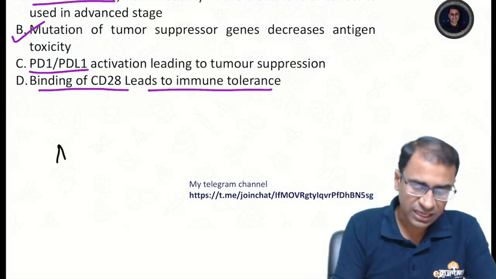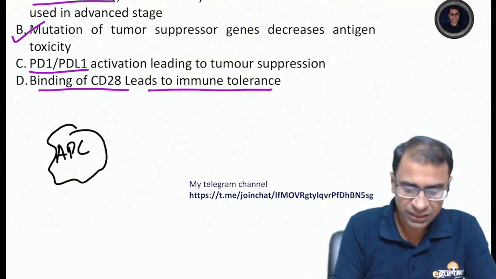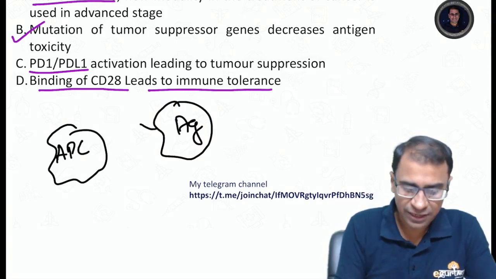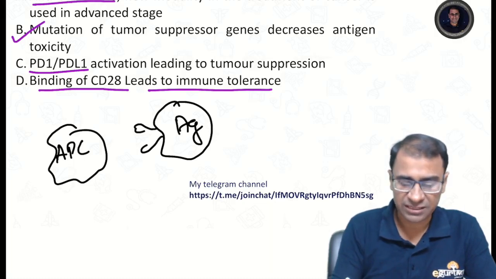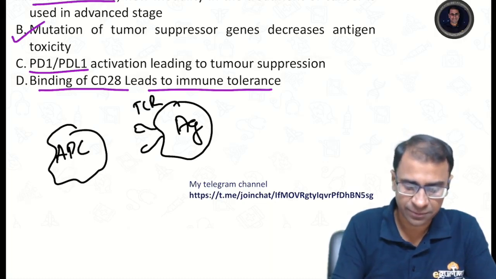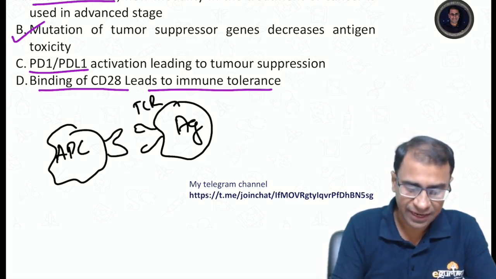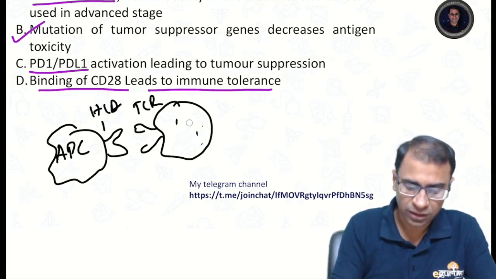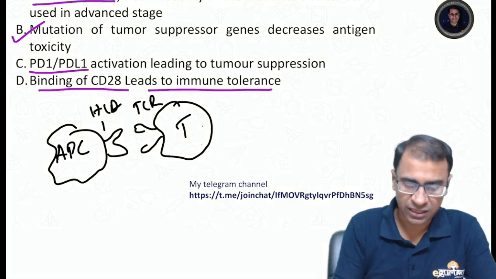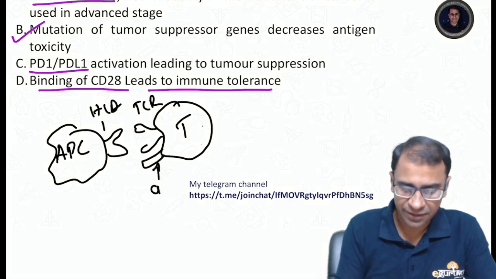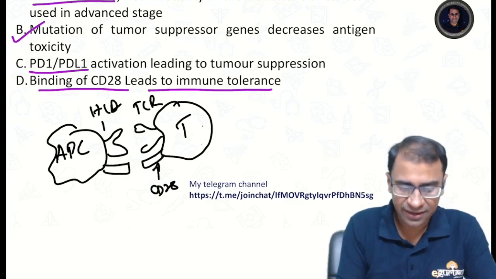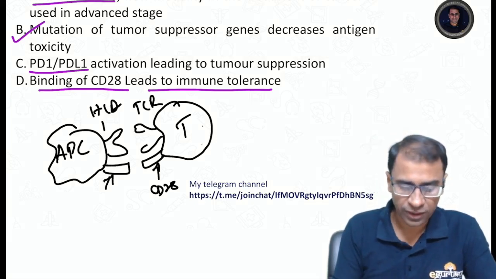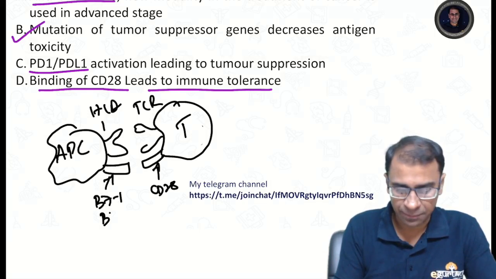So I told you that there's an APC, and there is this antigen. Okay, there's a tumor cell here. So this tumor cell has the antigen. This basically has a T cell receptor. Okay, and this APC has an HLA. Let's consider this one to be a T cell. Now here there is a CD28. Okay, and here there is a molecule called PD1 and CTLA4. Okay, this is actually the B71 and the B72.